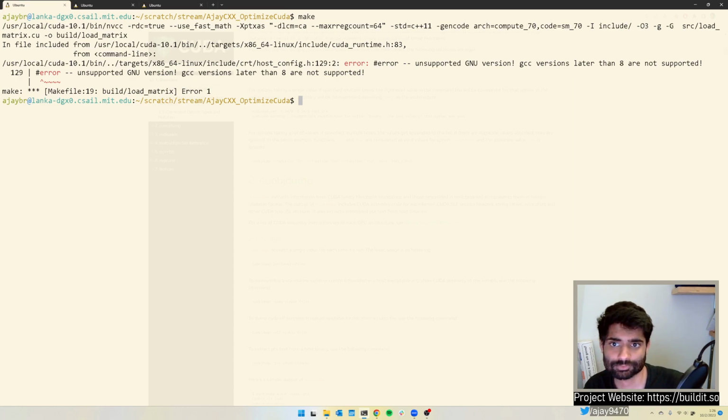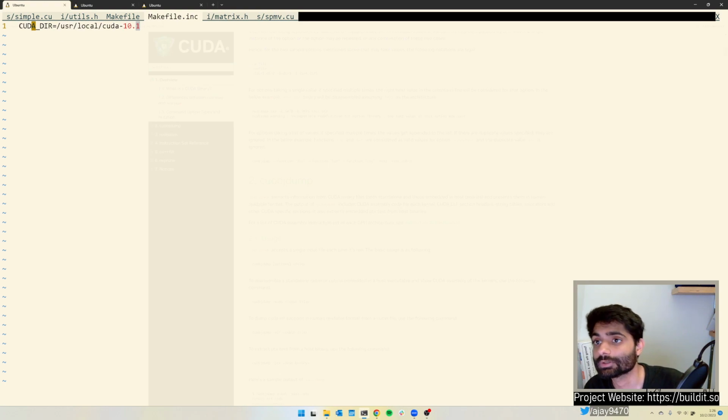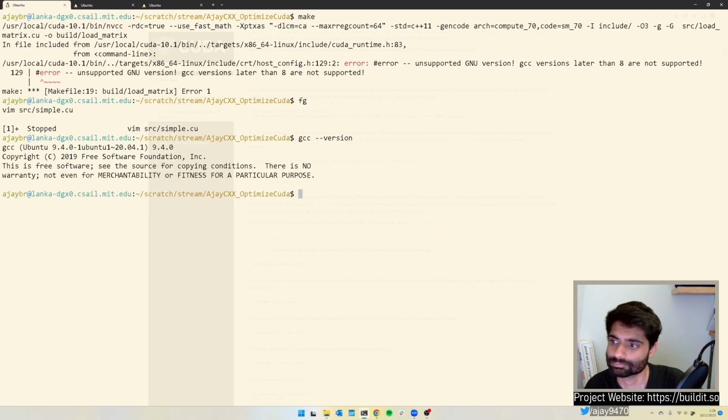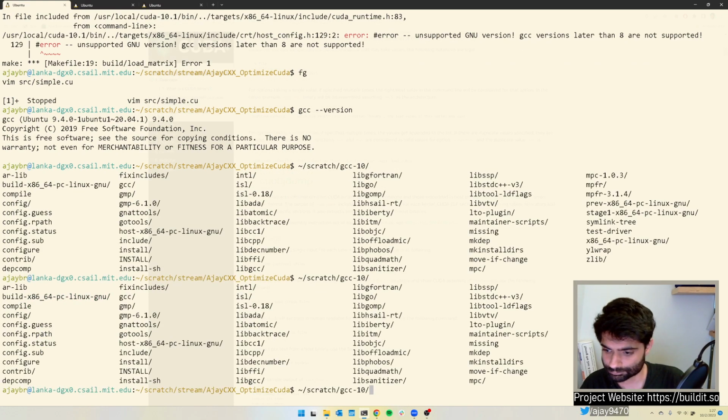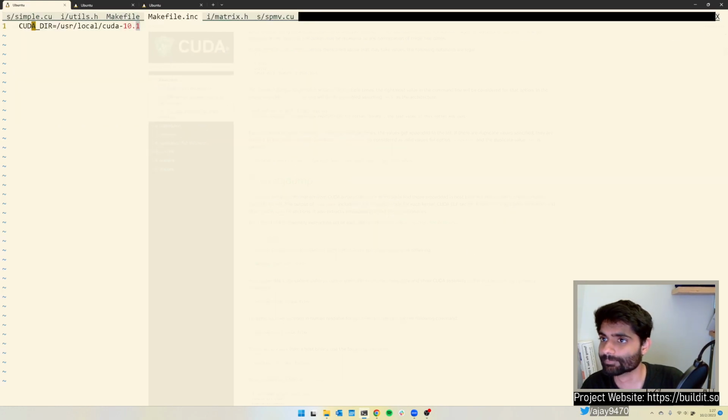Its version is later than 8 and not amazing. Do I have an old version of GCC? GCC 10, 11.4.